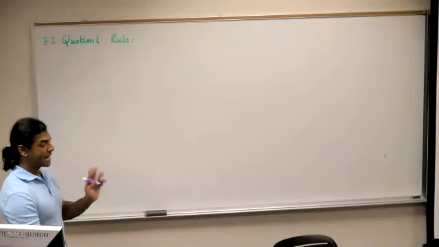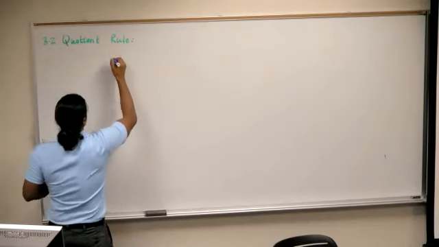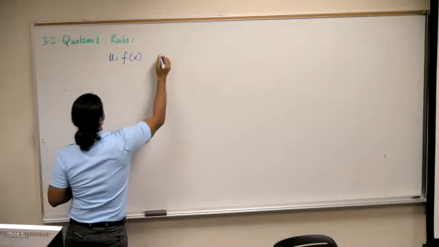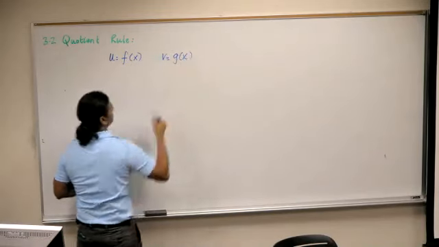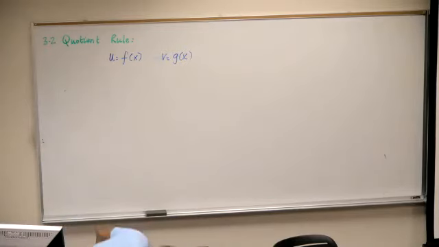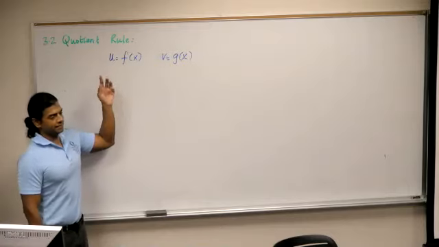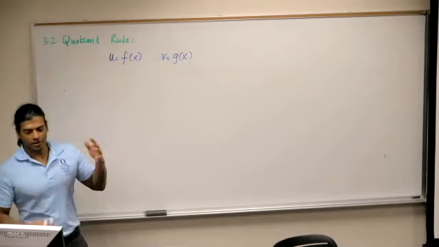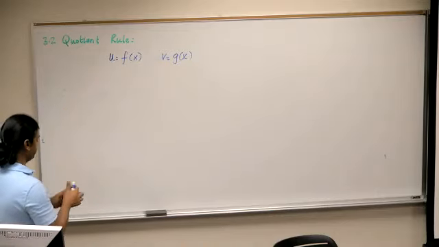Well, we had product rule last time, and if u was some function f of x and g of x equals v, we like to write it in shorthand notation, u and v, so that I don't have to rewrite f of x, g of x each and every time.